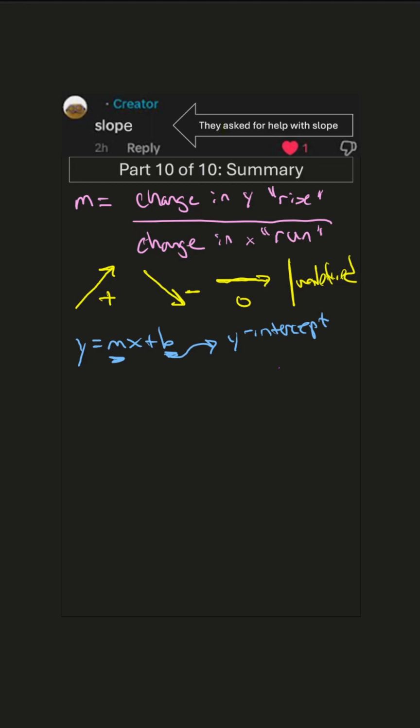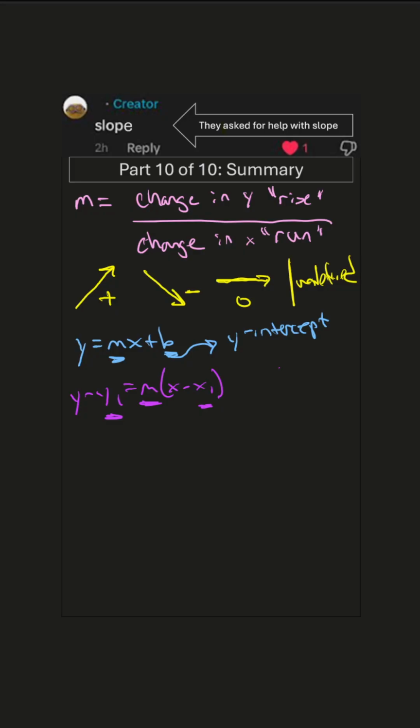The other form is the point-slope form, which is y minus y1 equals m times x minus x1. There's our slope again. And then x1 and y1, those are the coordinates for a point. Okay, so those are our 2 line forms that involve the slope.